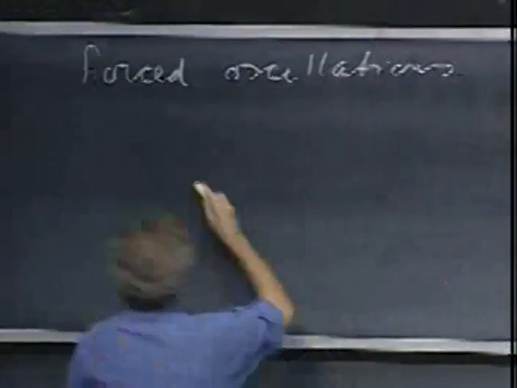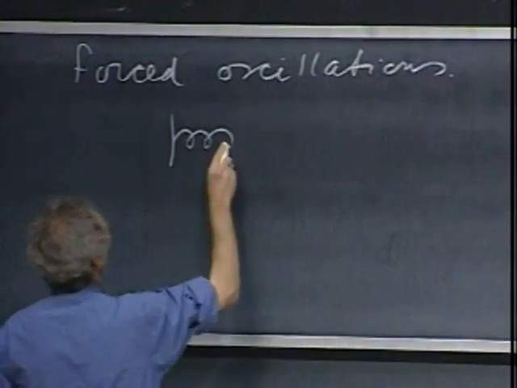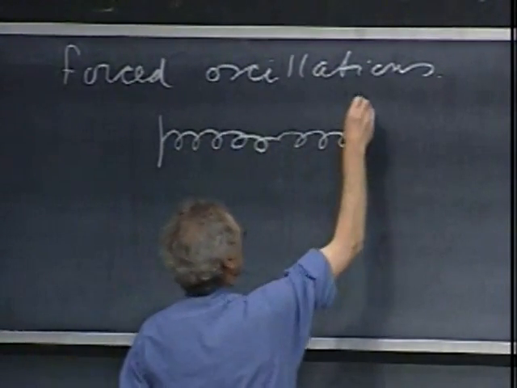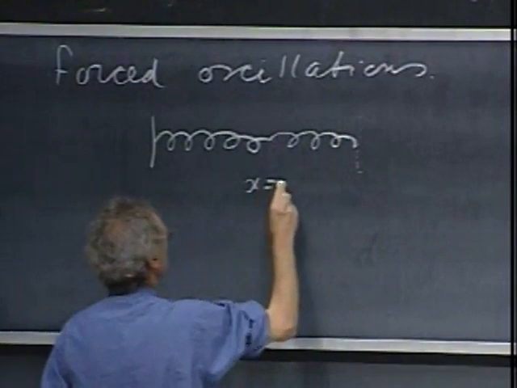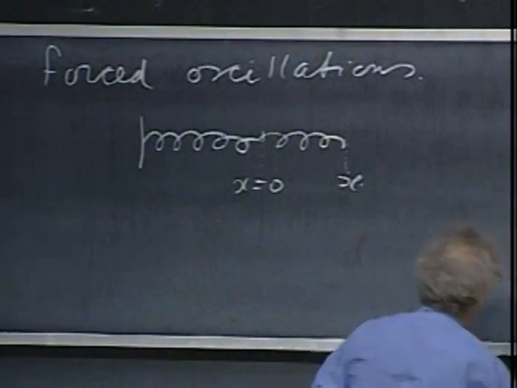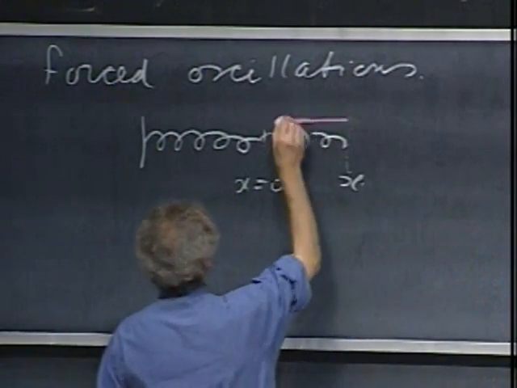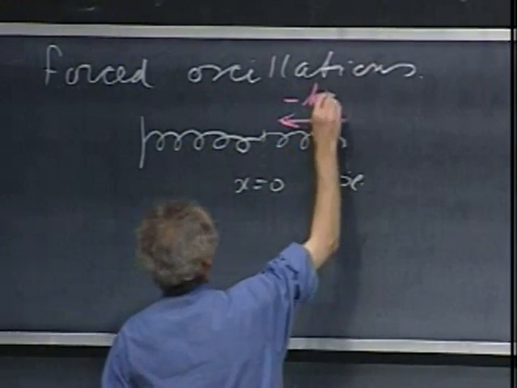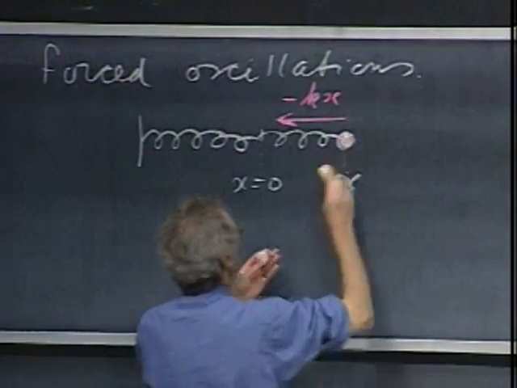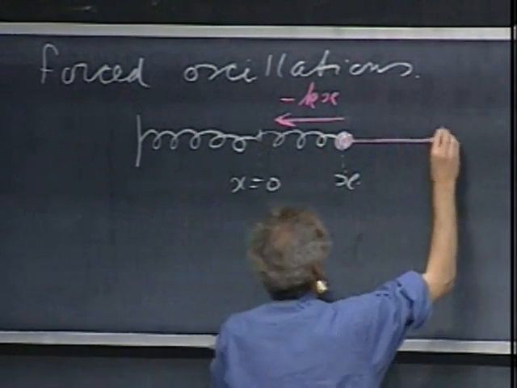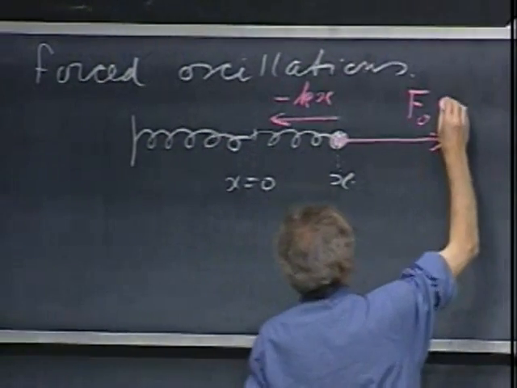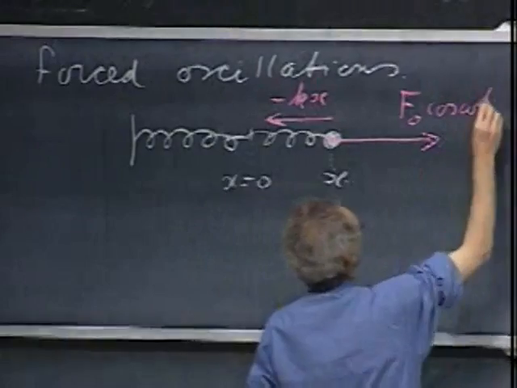I can take a spring system, as we had before. This is x equals 0. This is x. And we have the spring force, very familiar, minus kx. But now, this object here, which is mass m, I'm going to add a force to it, F0, which is the amplitude of the force, times the cosine of omega t.